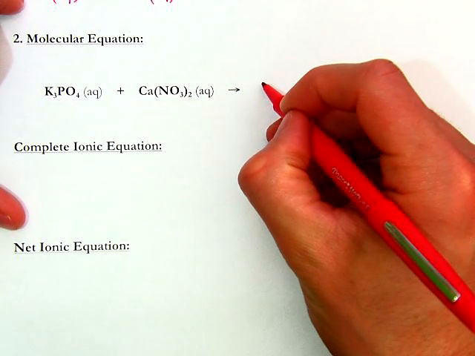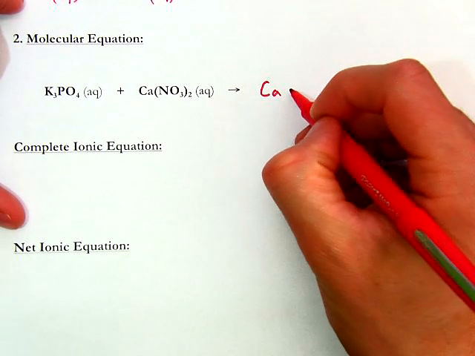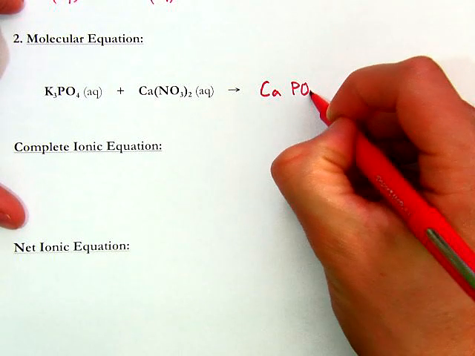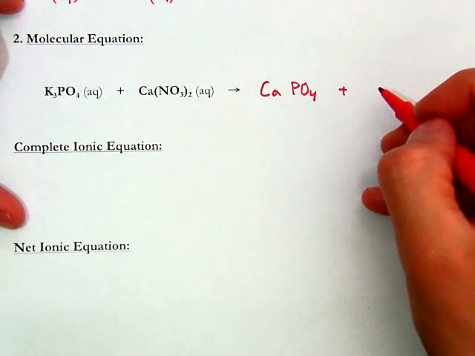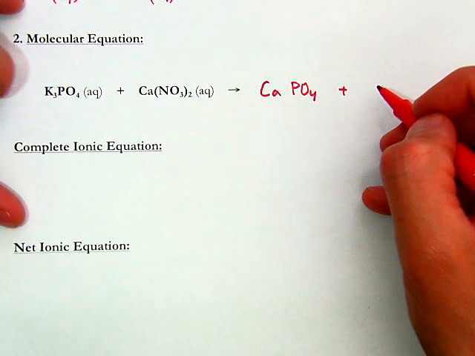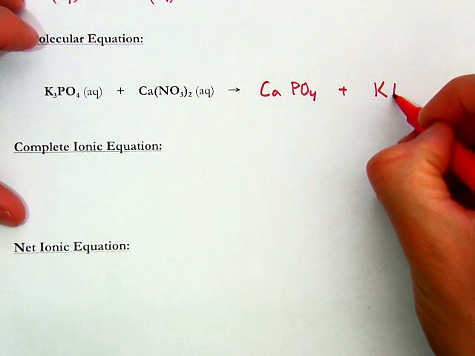So that means that Ca is now going to be with PO4, and that also means that K is going to now be with NO3.